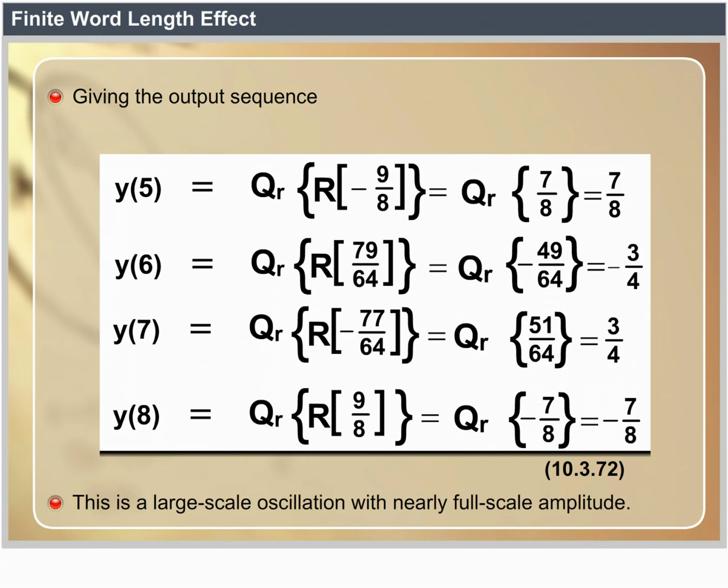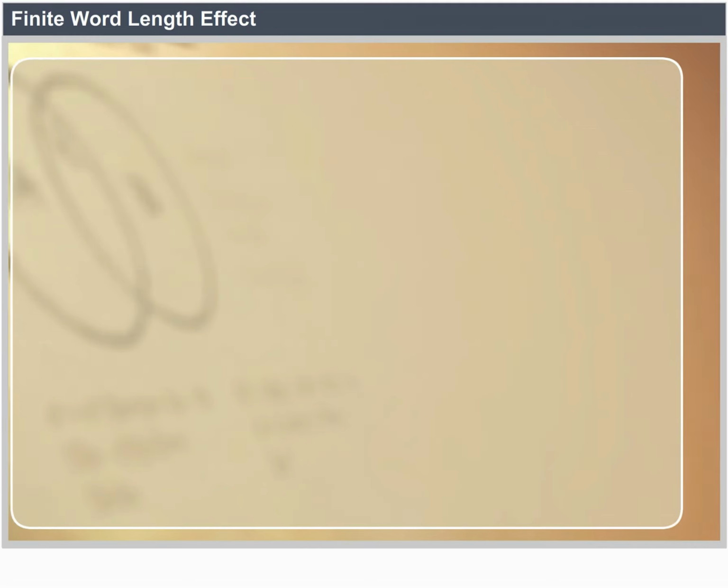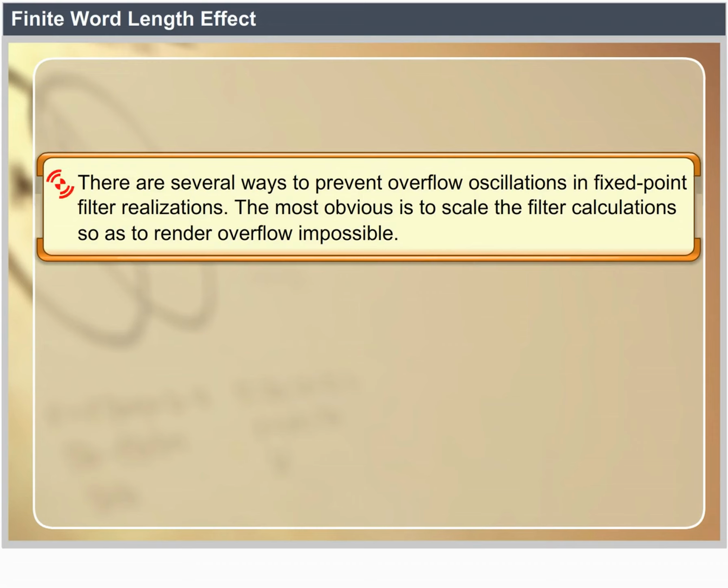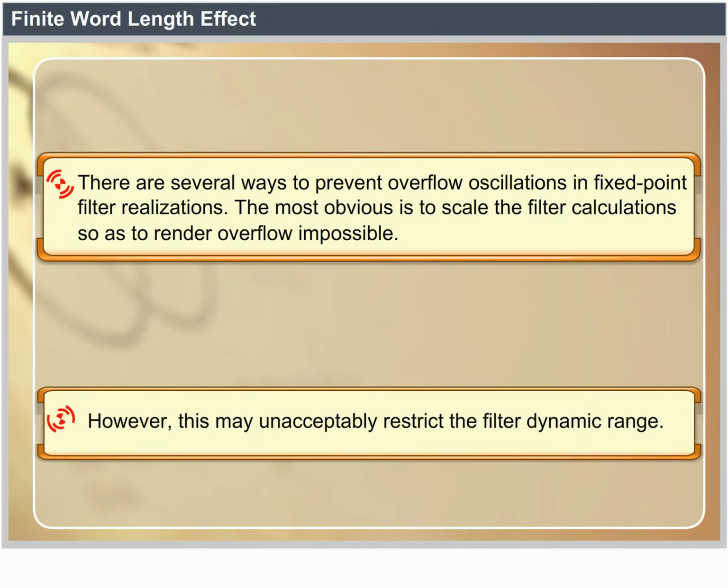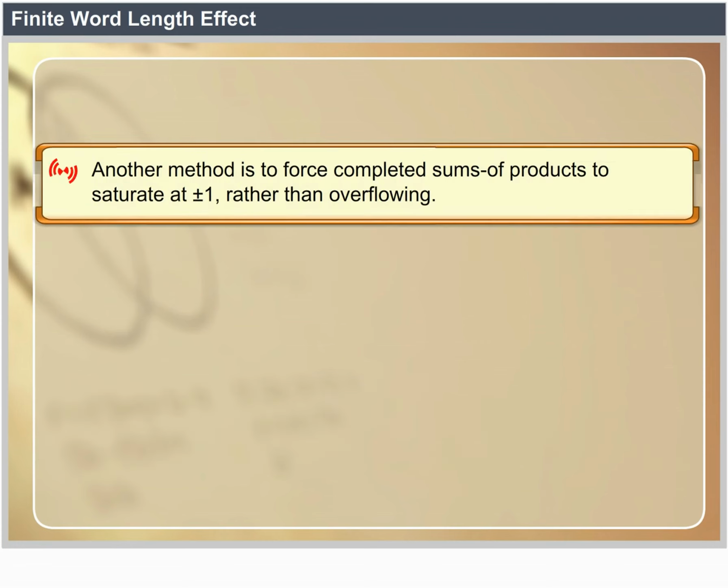There are several ways to prevent overflow oscillations in fixed point filter realizations. The most obvious is to scale the filter calculation so as to render overflow impossible. However, this may unacceptably restrict the filter dynamic range. Another method is to force completed sums of products to saturate at plus or minus 1 rather than overflowing.